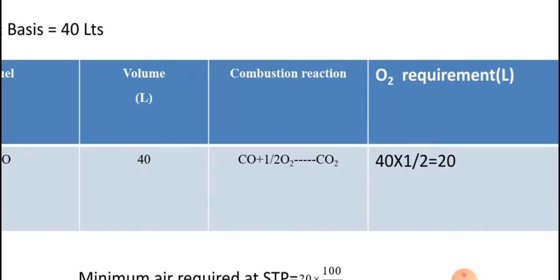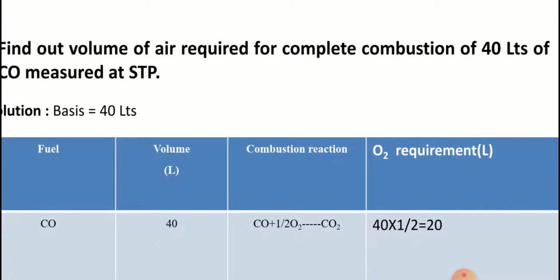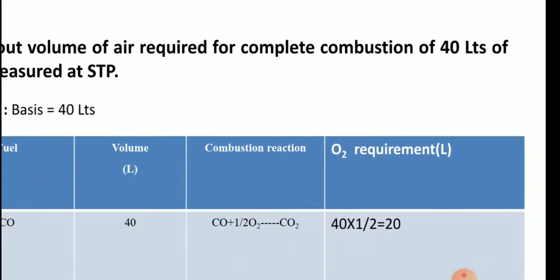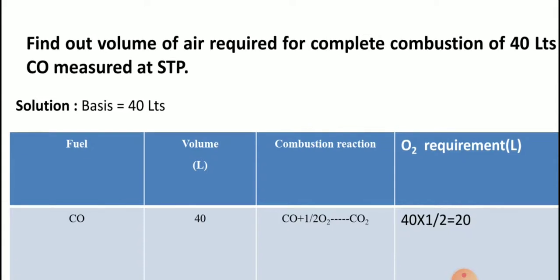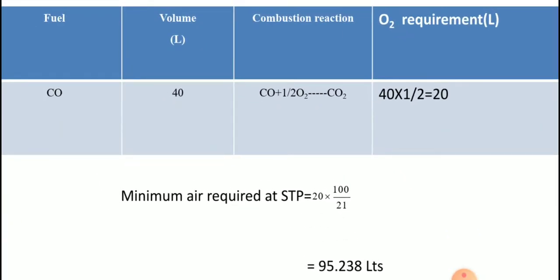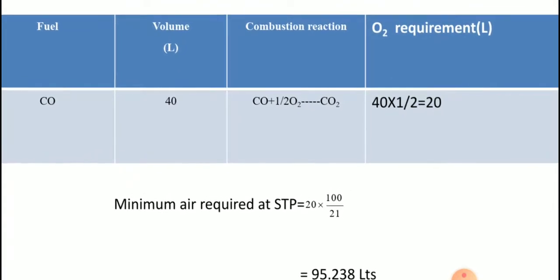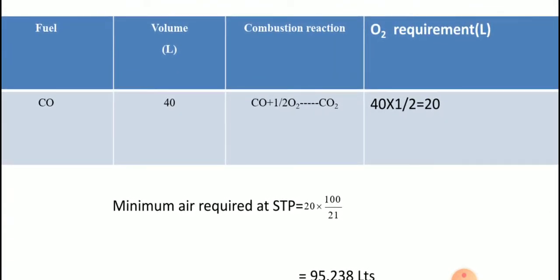This is the solved numerical problem. Find out the volume of air required for complete combustion of 40 liters of carbon monoxide measured at STP. Carbon monoxide's volume is given. Write down the combustion reaction for carbon monoxide. Here 1 mole of carbon monoxide requires half mole of oxygen.